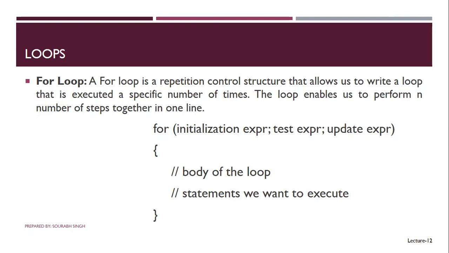For example, i < 5. Then the update expression: if we perform some kind of increment, we mention it in the update expression. For example, i++. Then, if the condition is true, we execute the body of the loop.